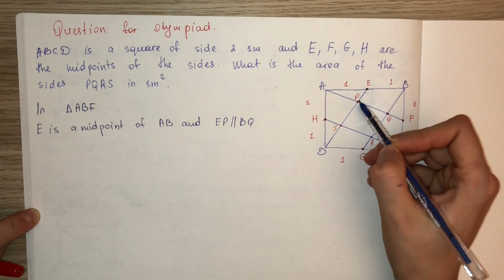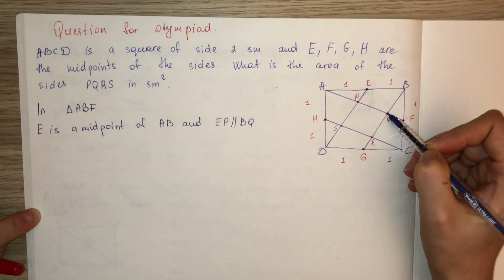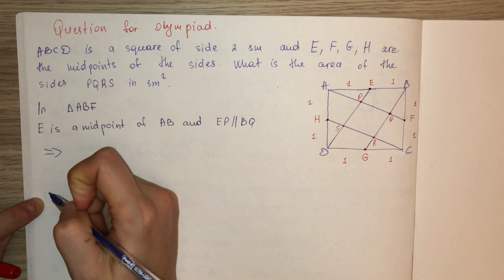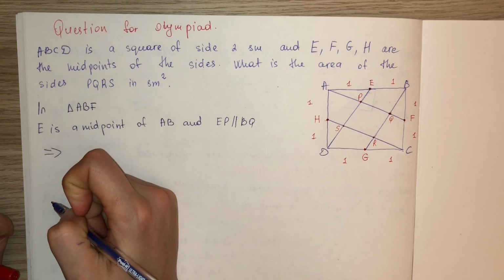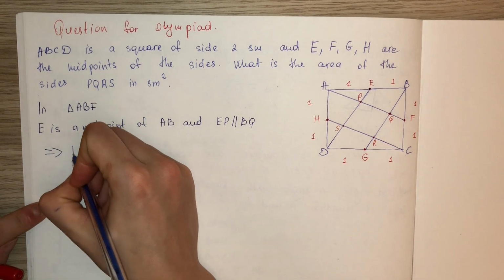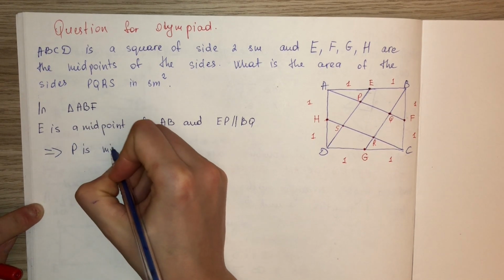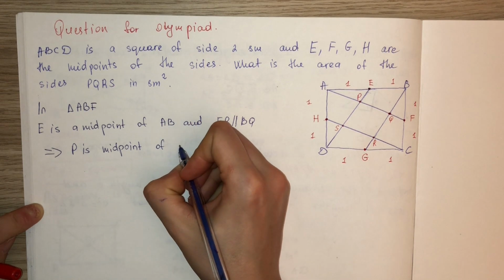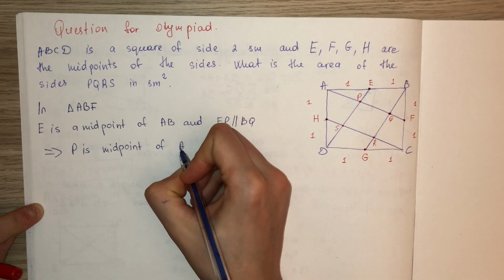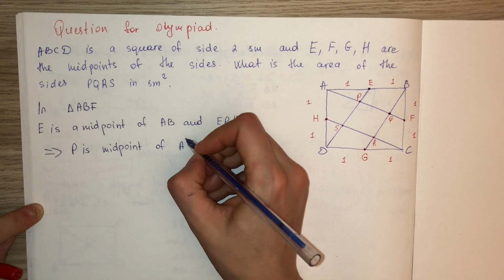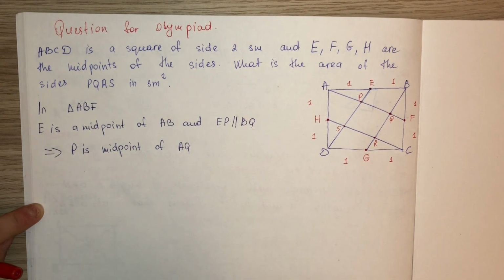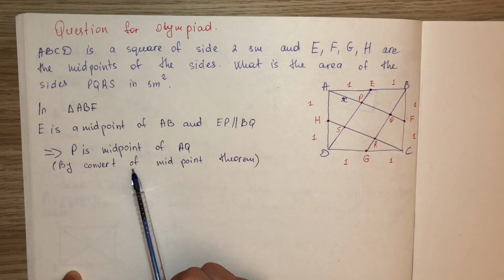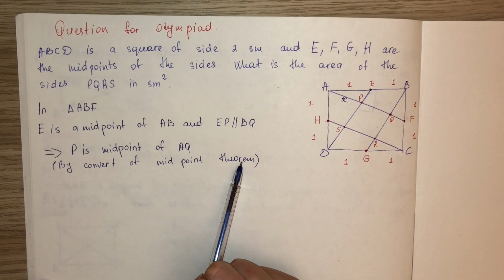Here EP is parallel to BQ, and therefore it's obvious that P is the midpoint of AQ. We get this corollary by the converse of the midpoint theorem.